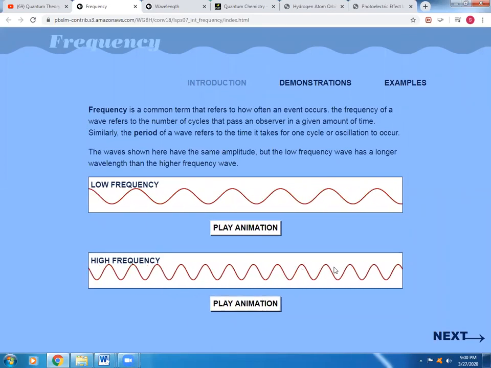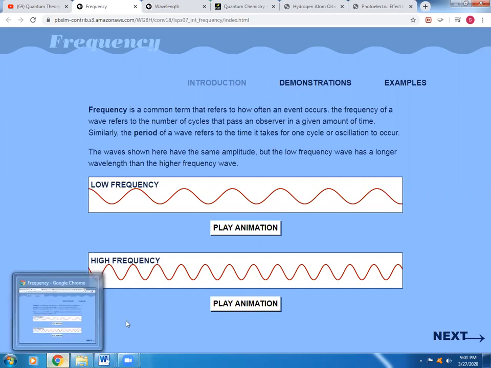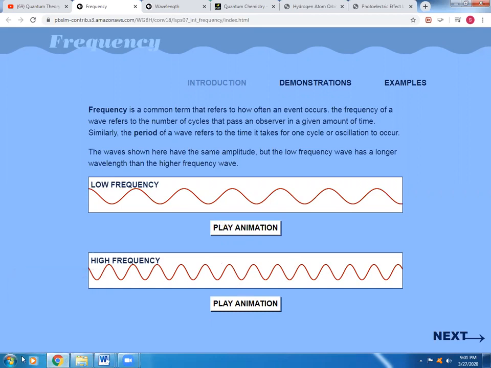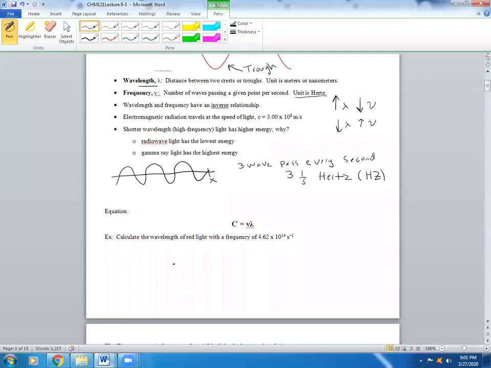And of course, you have a shorter wavelength here because you can fit in more waves in this than that one. And again, each carries let's say 1 joule. So you'll have more energy in this one than the one with a longer wavelength and a low frequency. So think about it. That's an important concept.